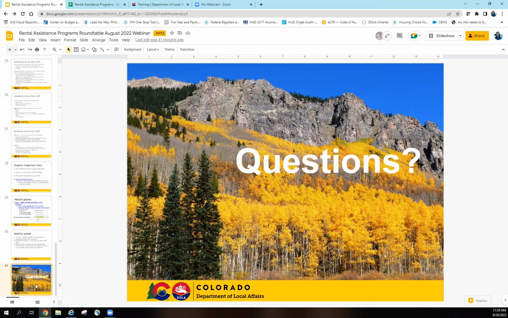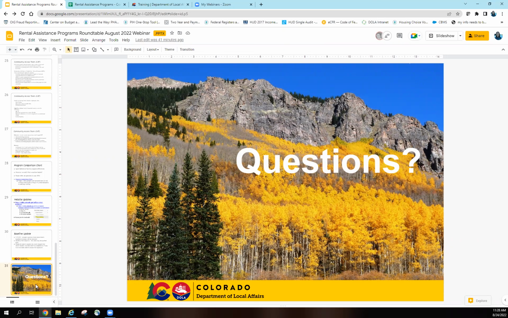Just like any other project-based assistance, specifically for non-elderly people with disabilities. And those properties cannot have more than 25% of their units with any kind of preference for a person with a disability. So we're really trying to create integrated housing with this program.